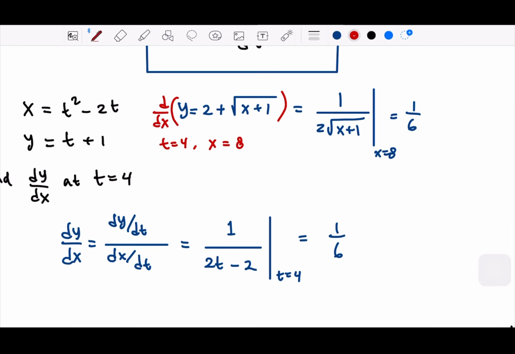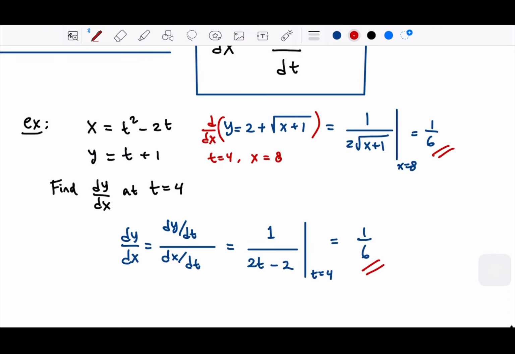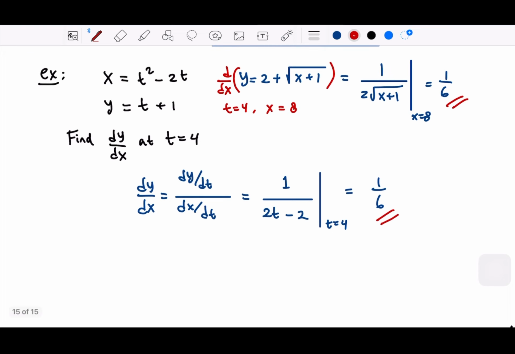So it's the same result. Well, you could also just write this dy over dx as y prime t over x prime t. Okay, maybe it's more simple, less space to write, then probably better.